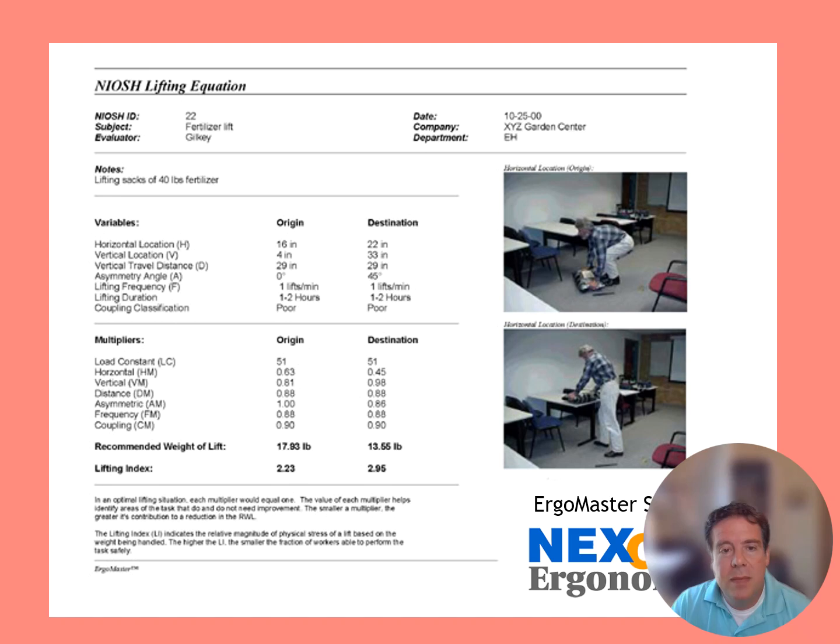Lastly, I want to highlight a program we have here in the lab, the ErgoMaster. It's really oriented towards that L5/S1 compression, giving you values, but it also has the NIOSH lifting equation. This is an example of lifting a 40-pound fertilizer bag, looking at that destination, looking at that index at 2.95, so pretty high risk, as you'll find most lifting things off the floor is pretty high risk.